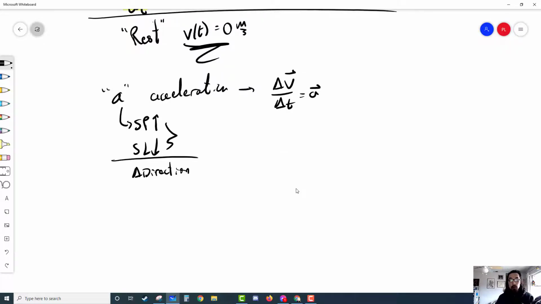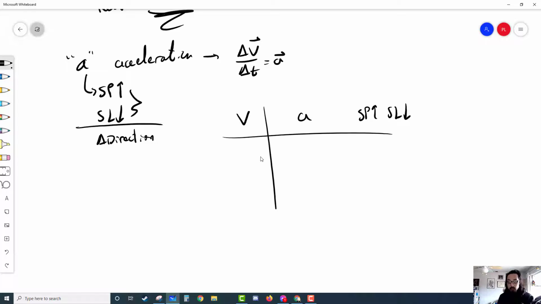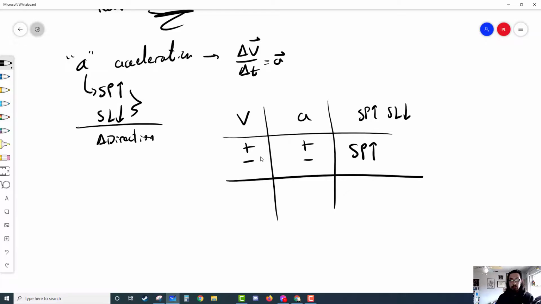All right. In one of my videos, I asked you to copy down the velocity acceleration chart, and I'm going to do a brief version of that chart. So we have a velocity, acceleration, and a speed up, slow down chart, right? And so we stated that if the velocity and the acceleration are the same, then the object is speeding up.